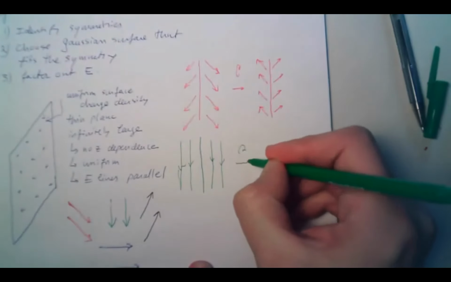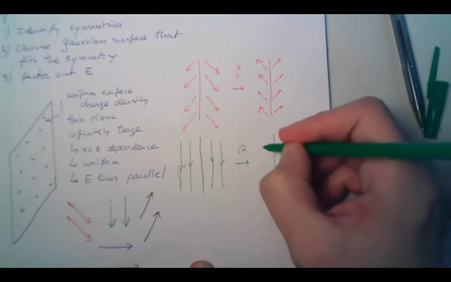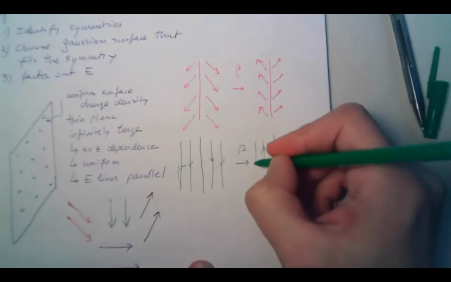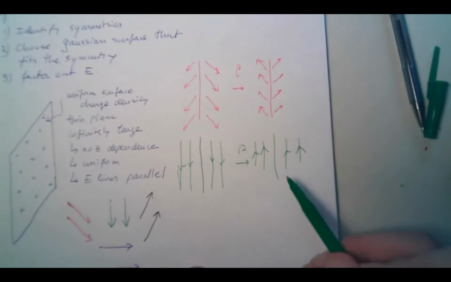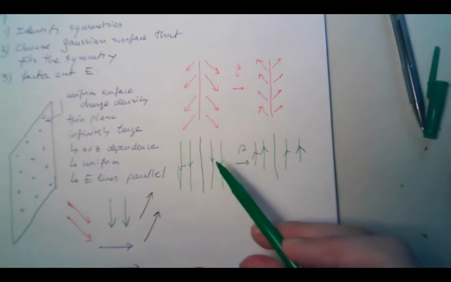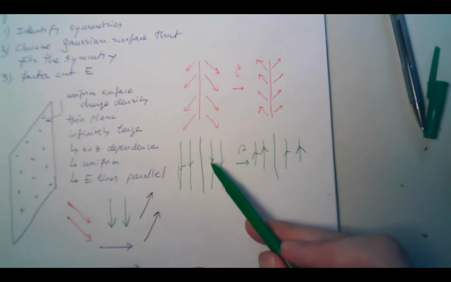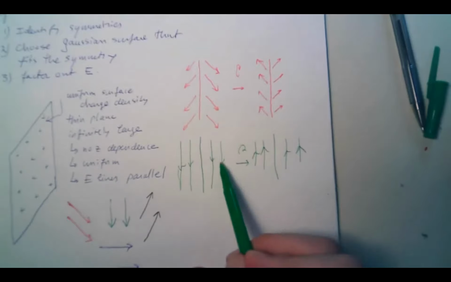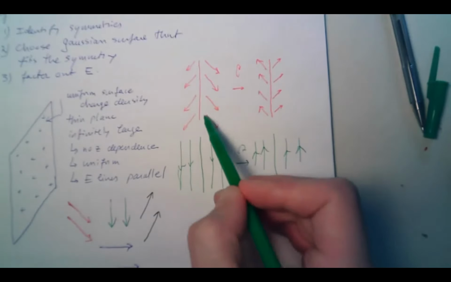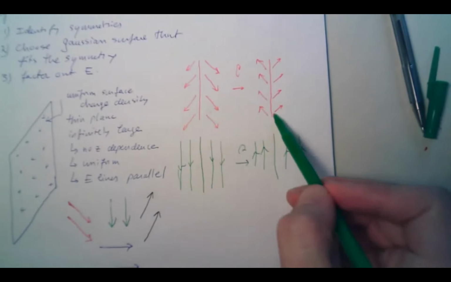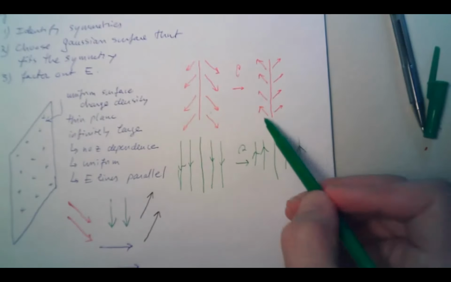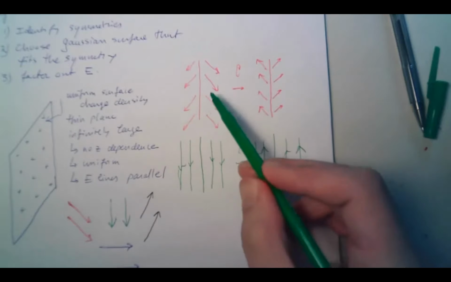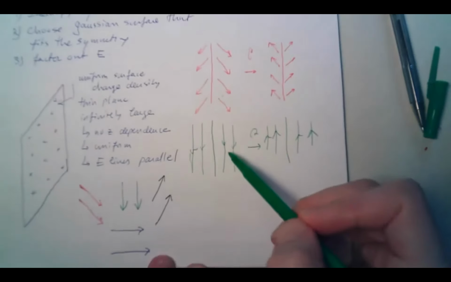So this would become field lines in this direction, which is not the same either. So the symmetry says that there cannot be a preference for up or down. In other words, if it's pointing down and we rotate it and afterwards it's pointing up, that doesn't fit with the rotational symmetry. So neither the green nor the red one fit the symmetry.